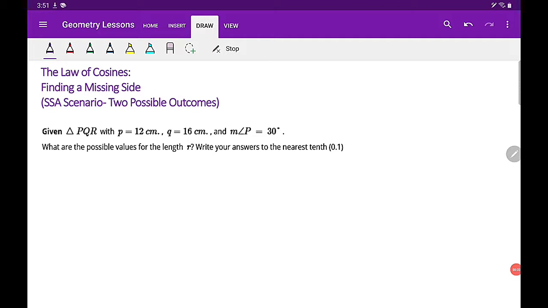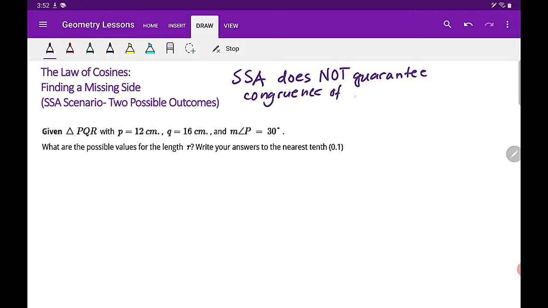Law of Cosines, finding a missing side in an SSA scenario where we see two possible outcomes. Now, why are there two possible outcomes in an SSA scenario? Because SSA does not guarantee congruence of two triangles.